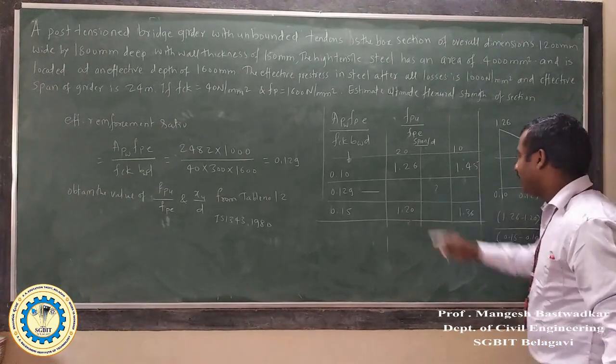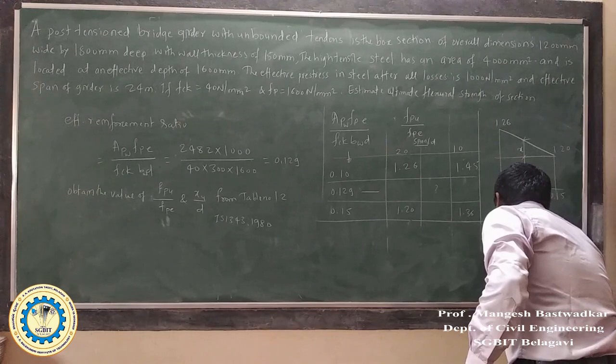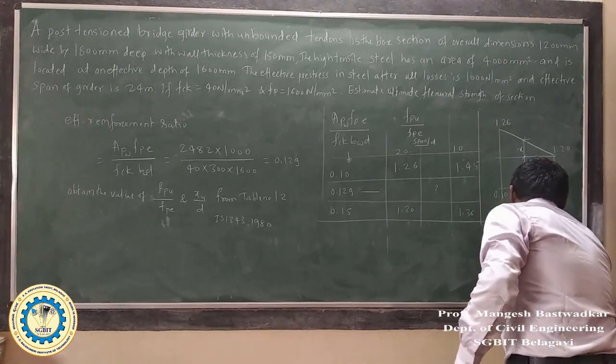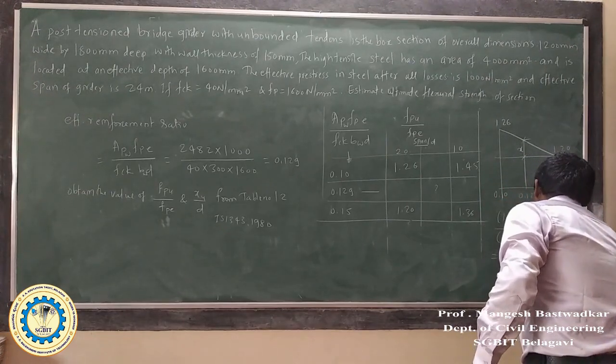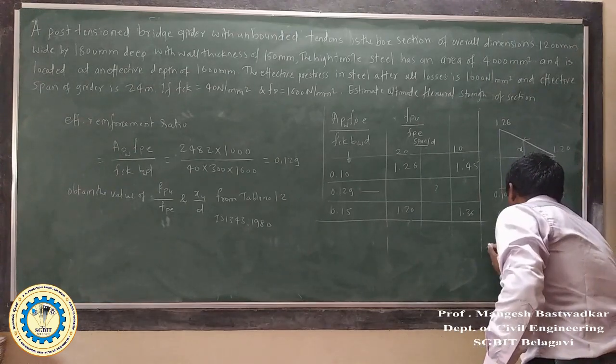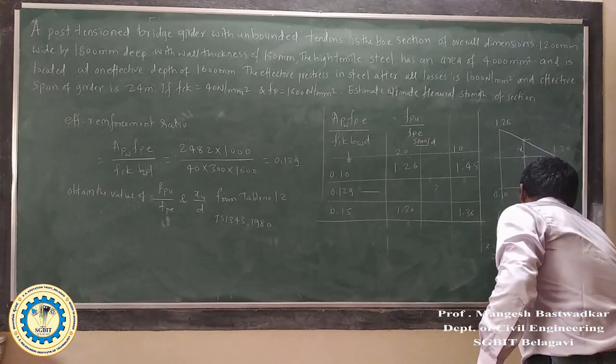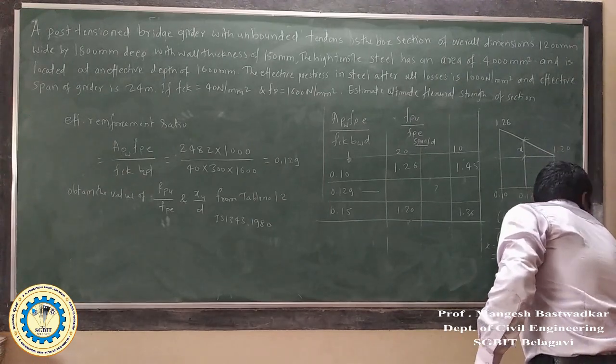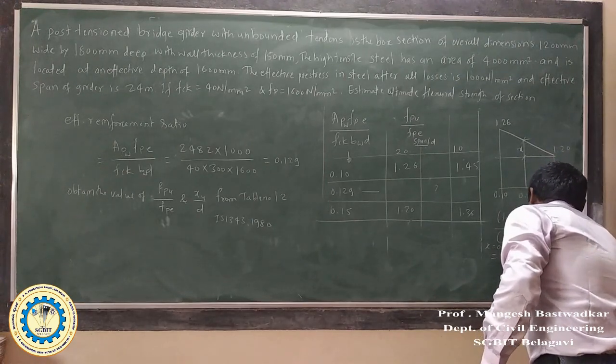So directly I will write here the value for this. So x plus this 1.20, the value of x is 0.0252.